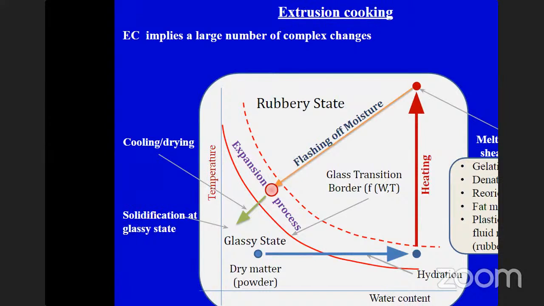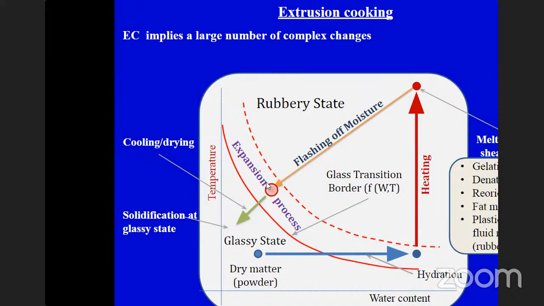As a result, we obtain a fluid melt with viscoelastic behavior, which is forced towards the die. At the die, the pressure drops towards atmospheric pressure, inducing flashing of steam and expanding the melt. But the expanding melt is still in rubbery state, as shown in this figure.